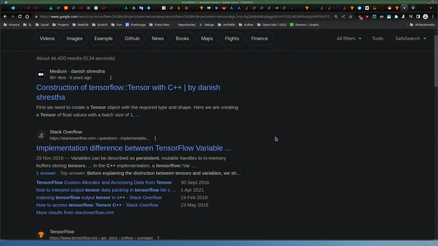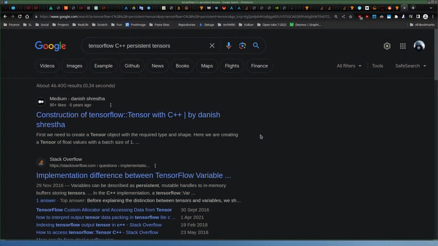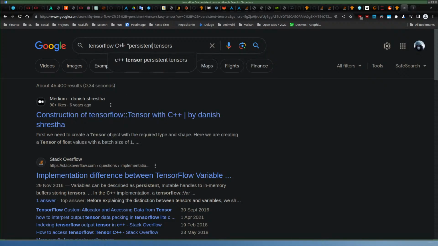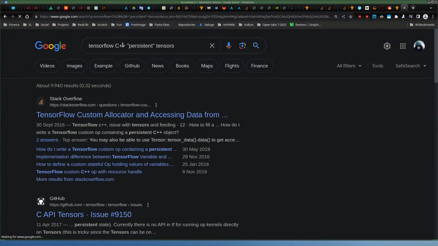Where's the word persistent? Not enough persistence there. Persistent. Did I write that correctly? Persistent C++ object.